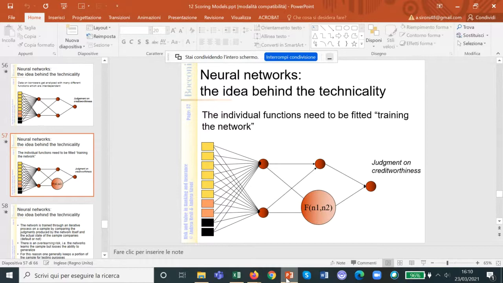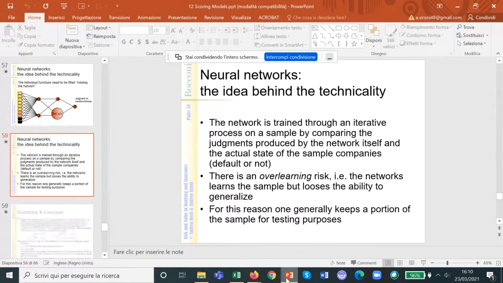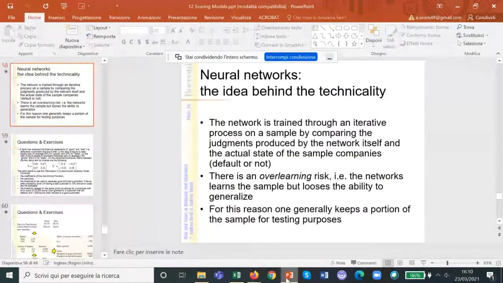Okay, and this process, with strong computing power, can even take a short time and be very efficient, and sometimes actually perform better than an economic model that has a clear underlying economic rationale. Okay.